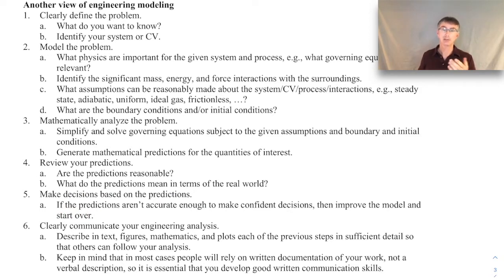This is something important that a lot of people don't really realize: you don't have to have super accurate models all the time. Many times in engineering, you just need to make a yes/no type of decision. Do I expect a quantity to increase or decrease with time?